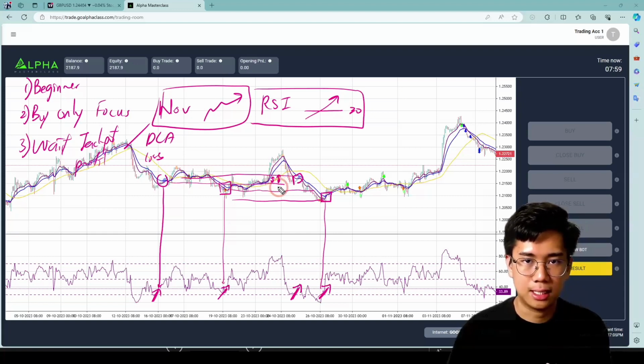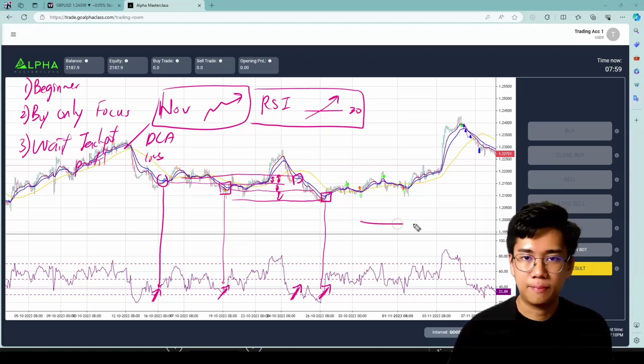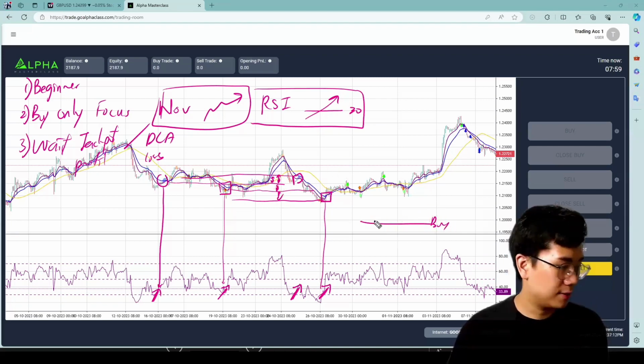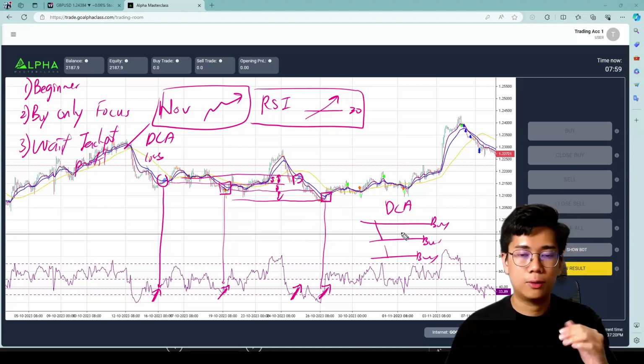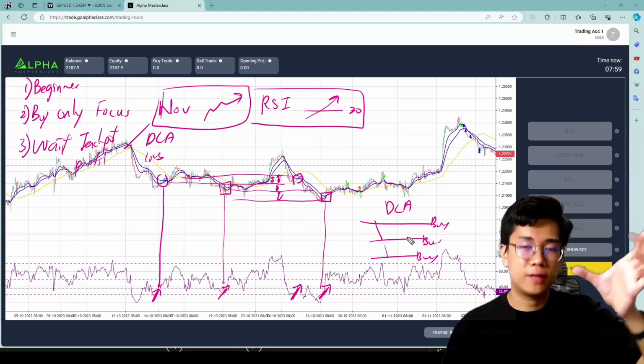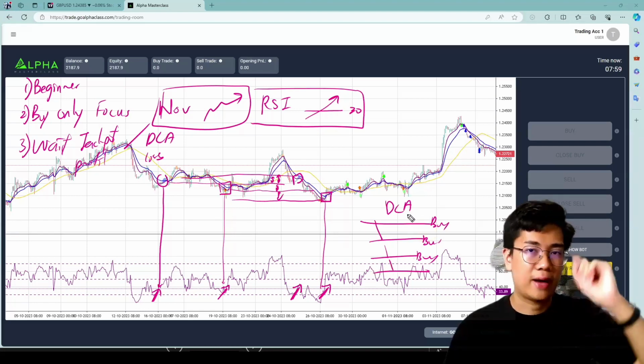You see the distance is always a fixed distance. This is the simplest way. If the price that you buy goes down further, you buy again, and then it goes down further, you buy again. This is why I call this dollar cost average. You buy lower and lower at a certain obvious distance. By doing this, you give yourself a higher chance of profit.